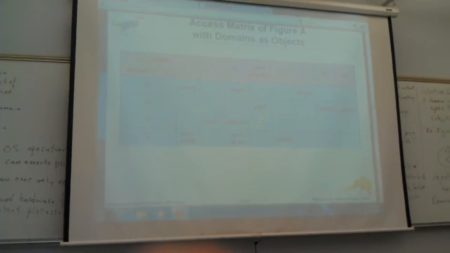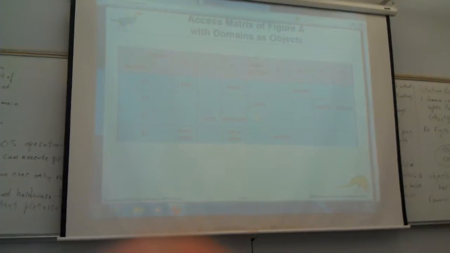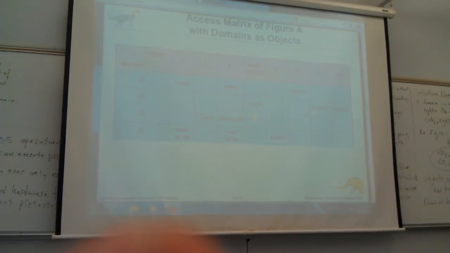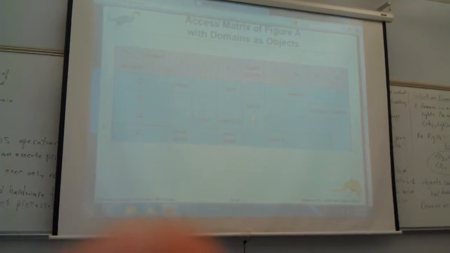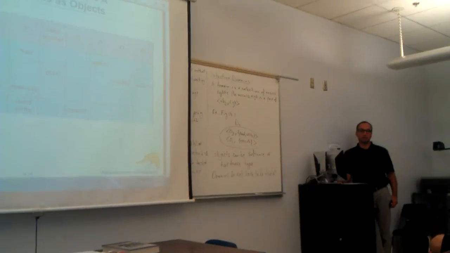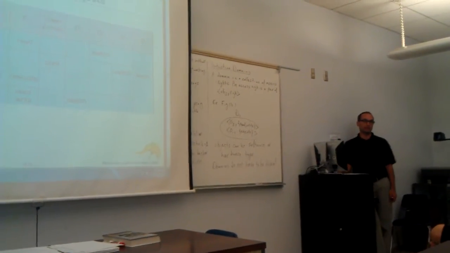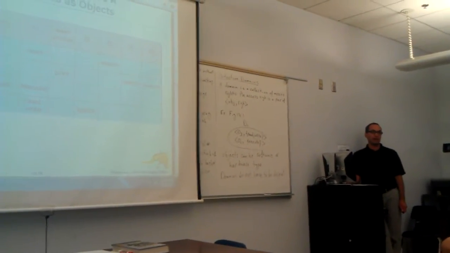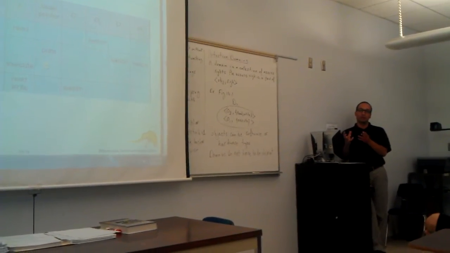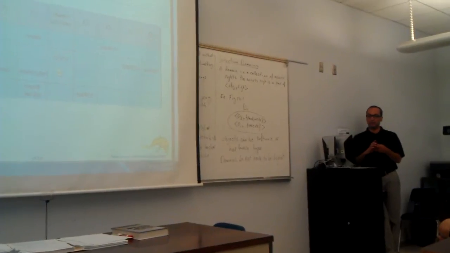So you switch to domain 2, so that at some point it could start printing and maybe later on switch to the other domains. So this is called access matrix. You should be exposed to this. And again, the concept is universal, right? But each operating system implements it differently.